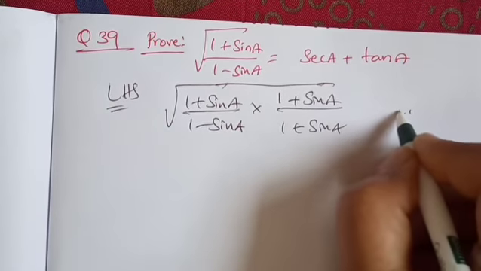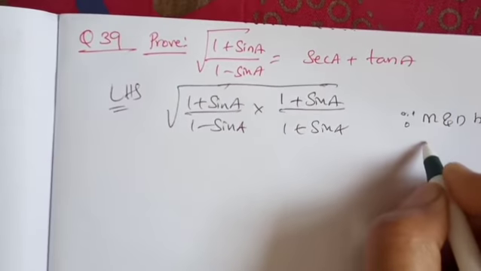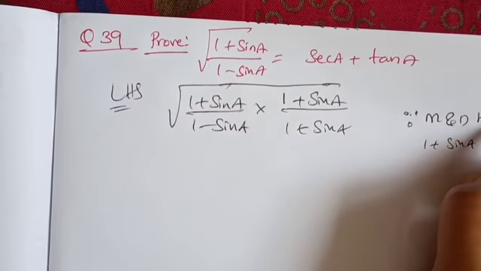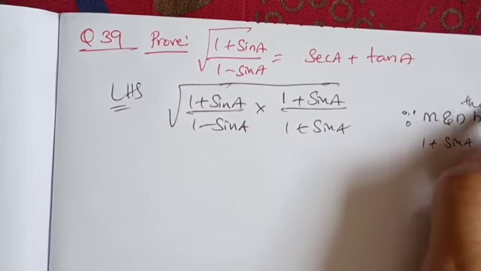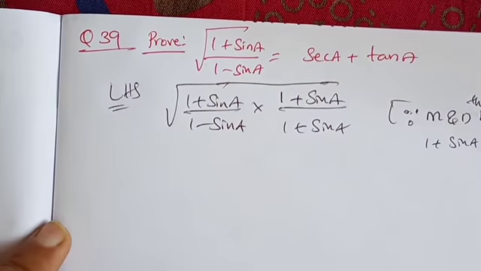Don't forget to write the reasons. Multiply and divide by 1 plus sin A. Denominator, multiply and divide the denominator, okay, by 1 plus sin A.